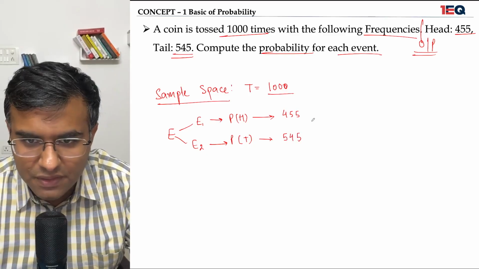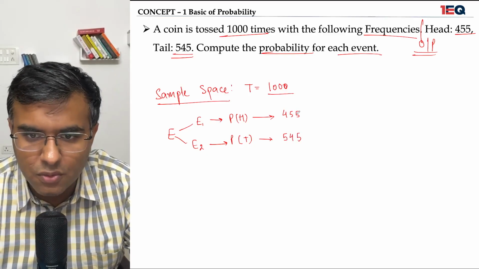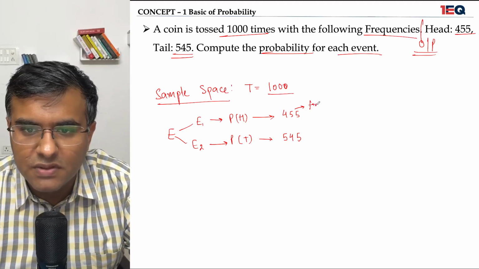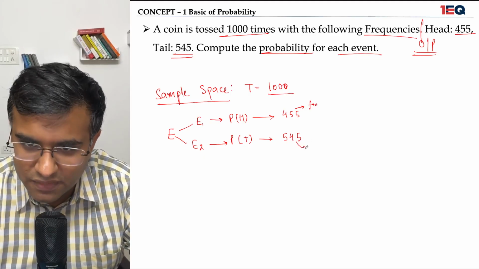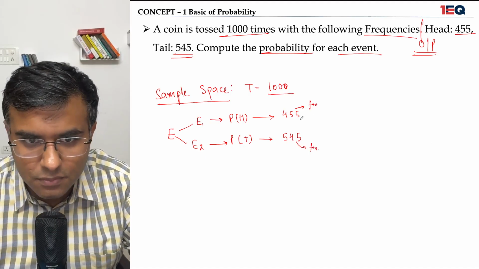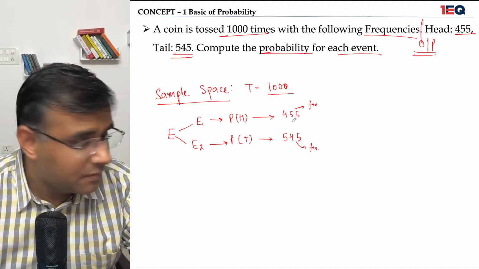So for each event, we first need to know the favorable outcome, which is 455 here and 545 here. These are the two favorable outcomes of separate events.